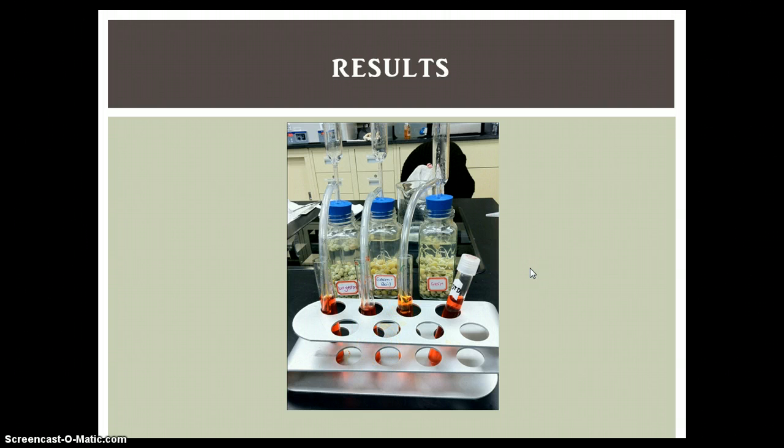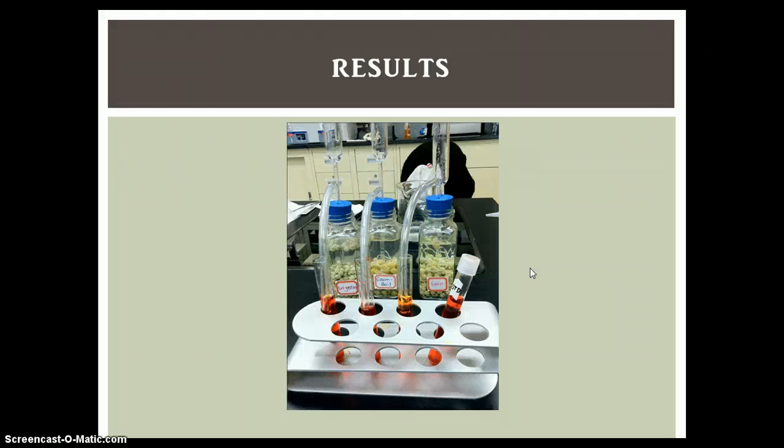And this can be supported by the fact that when you boil peas, the enzymes in the cells will denature, because when cells are put into extreme environments like boiling or even given a higher pH, they will denature, meaning that cellular respiration would not have been able to occur.